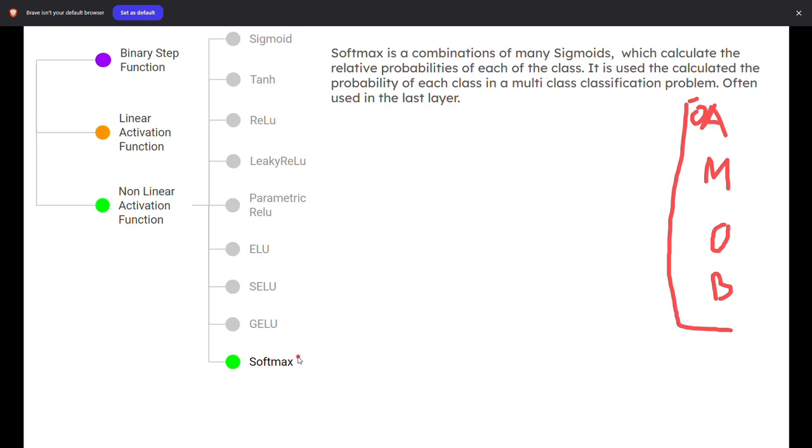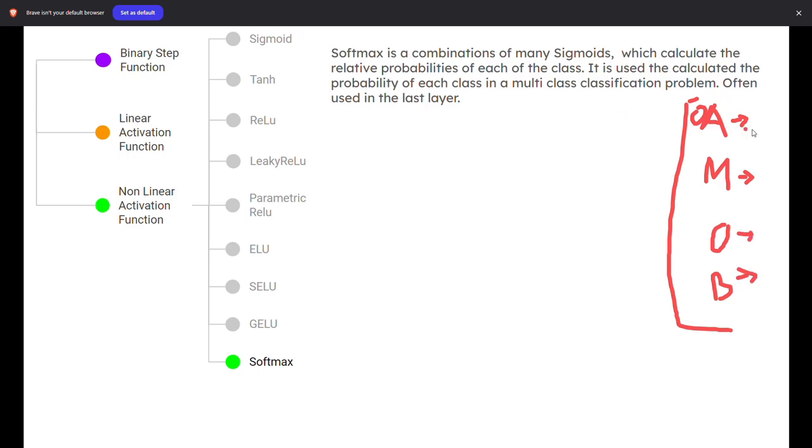we use softmax. When you pass the image, it gives the probability of getting apple, the probability of mango, the probability of orange, the probability of banana.